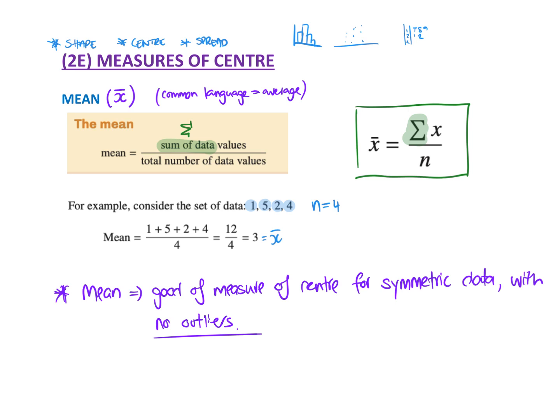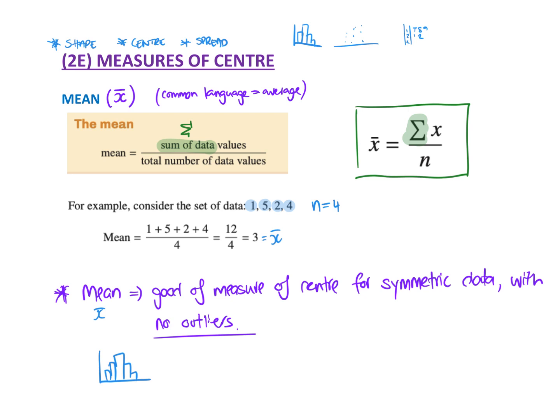Really, when we're talking about it, you might want to put a little example. When you have those histograms that are nice and symmetric, that's symmetric data. So the mean is pretty much only good for that type of data.